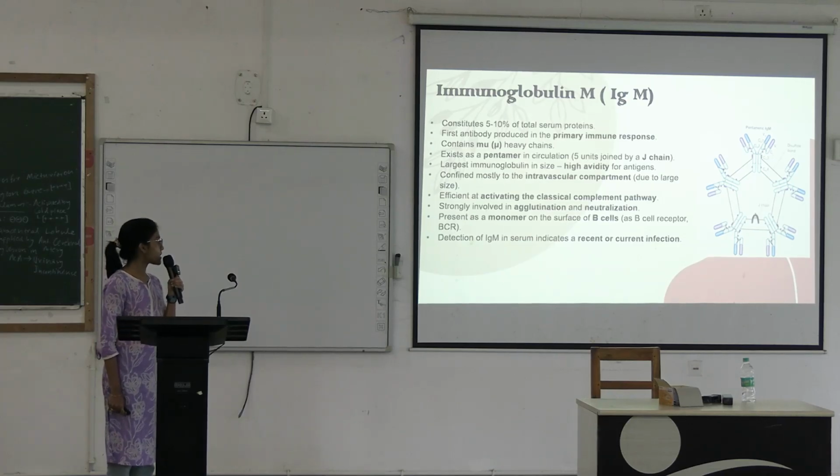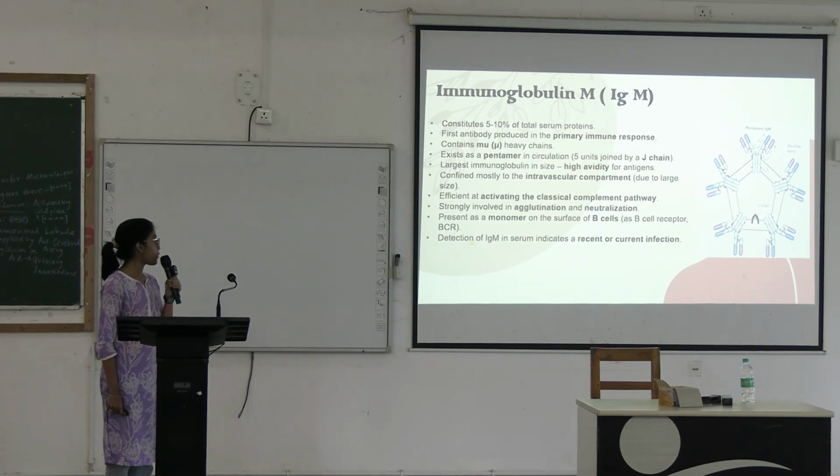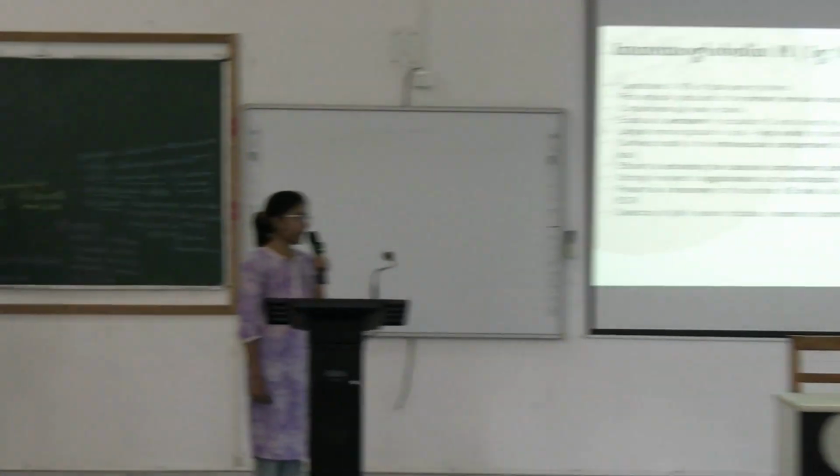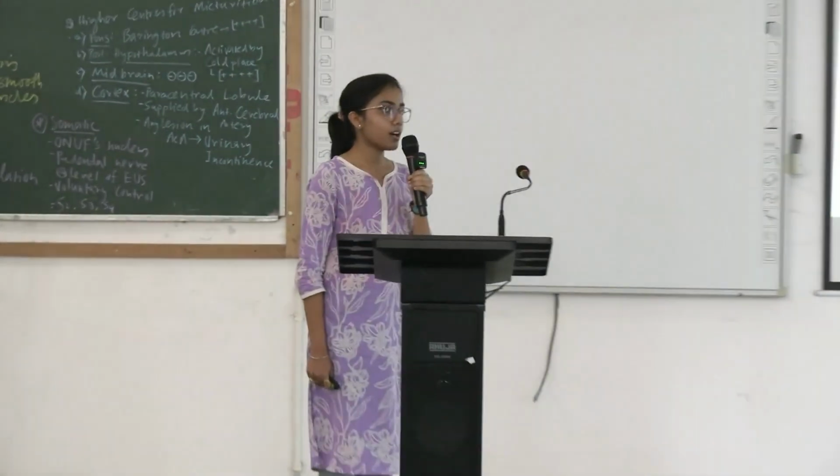Confined mostly to the intravascular compartment due to its large size, efficient at activating the classical complement pathway, strongly involved in agglutination and neutralization, present as a monomer on the surface of B cells. Presence of IgM in serum indicates current infection, and its clinical relevance includes malaria and Waldenstrom's macroglobulinemia.